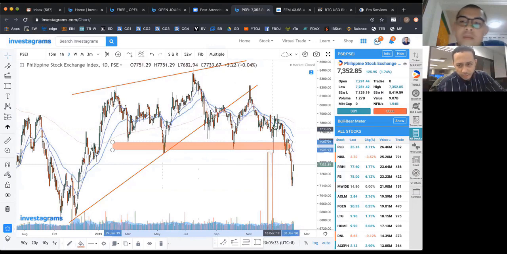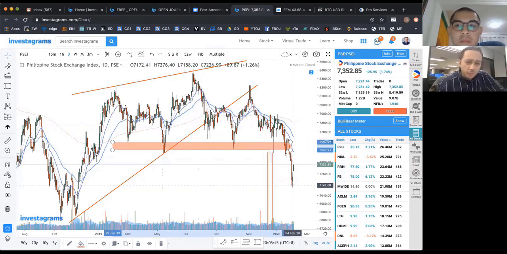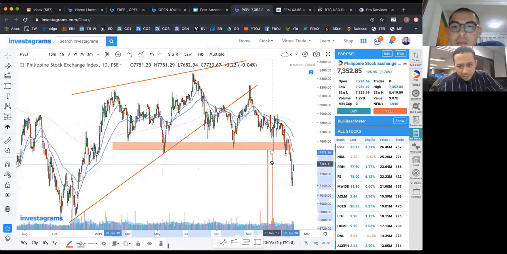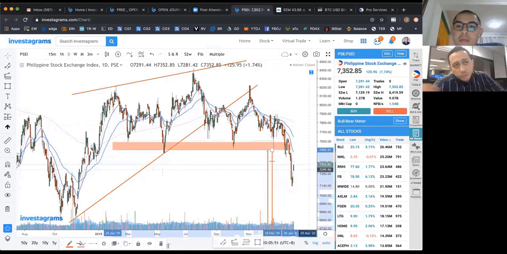But then you saw a retest and prices broke down on the fourth. Pretty much 60 to 70% of the time, prices break down on the third test of support. So we saw another retest here, and prices eventually broke down. Just to keep it simple, guys, a breakdown is the beginning of a downtrend.